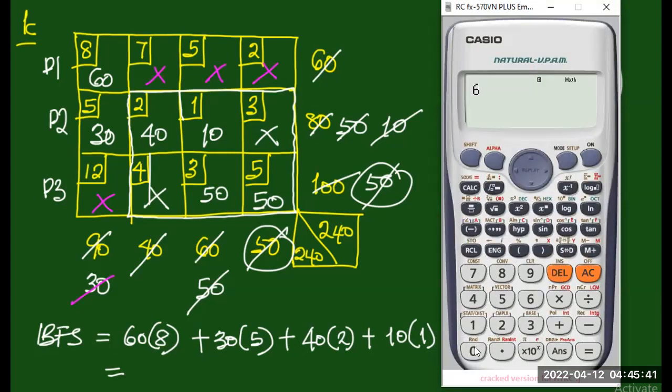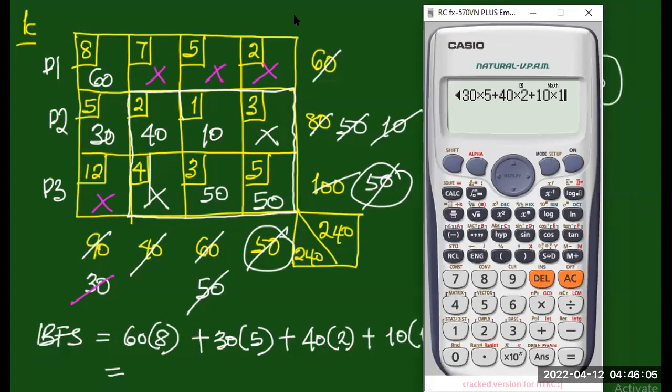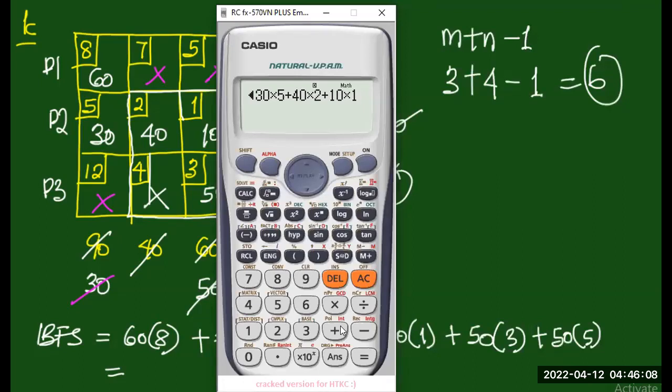So this is 60 times 8 plus 30 times 5 plus 40 times 2 plus 10 times 1, which is 10, obviously, plus 50 times 3, 150, plus 50 times 5.